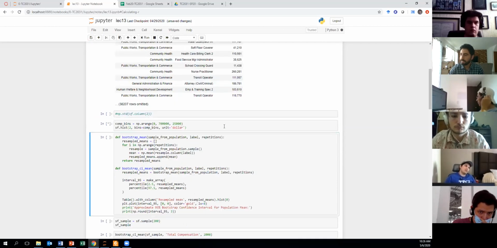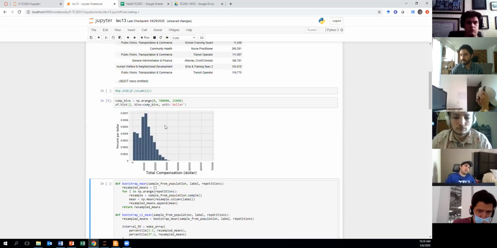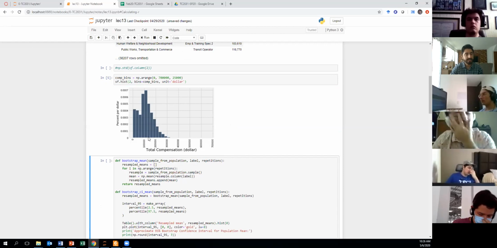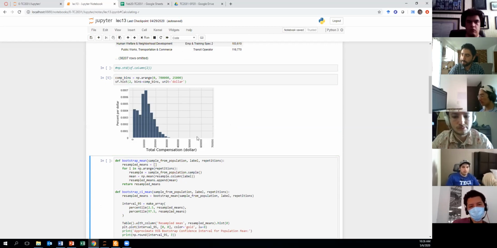If we do the histogram, you remember we saw that most of them fall between 100K to 200K, maybe 20, 30K per year salary. And there were some, I don't remember exactly what their title was, some people earning 600-plus per year.